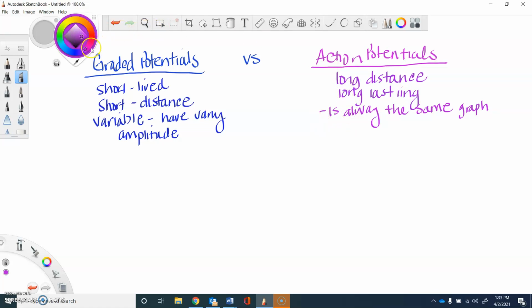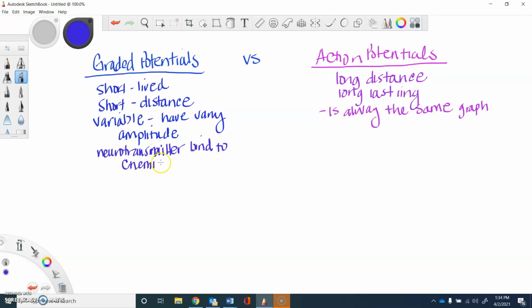The graded potentials are triggered by neurotransmitter that binds to chemically gated channels.